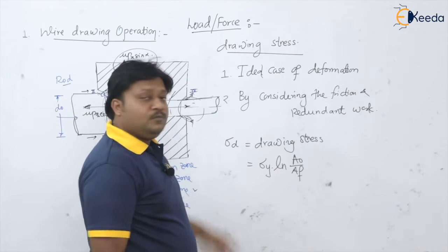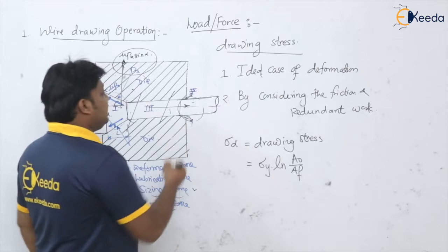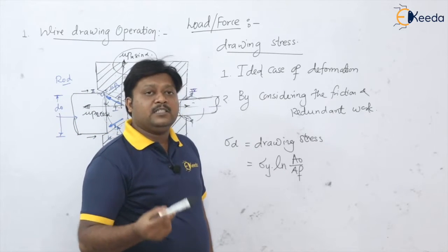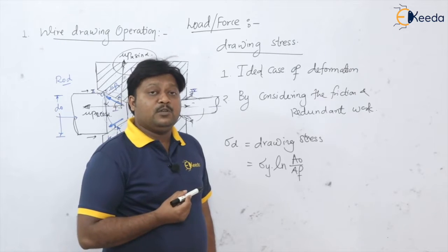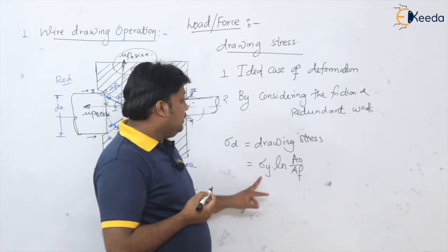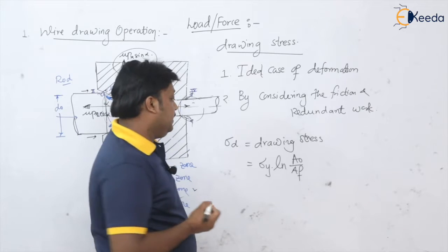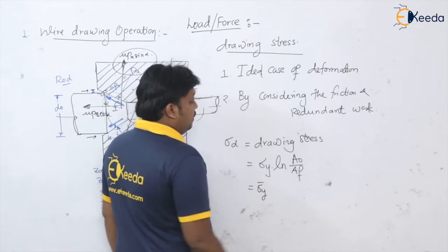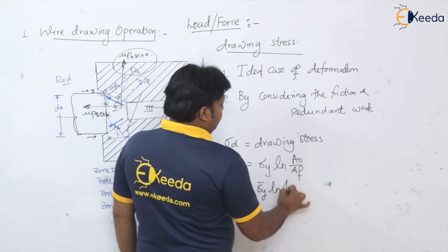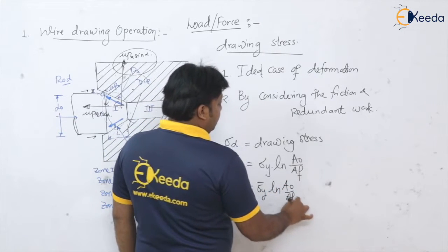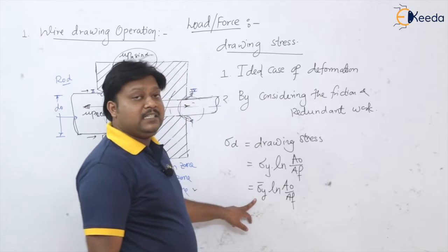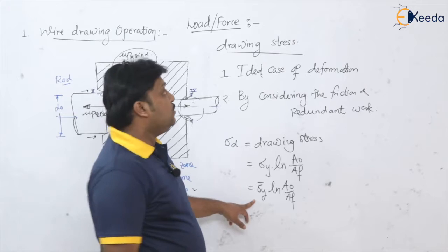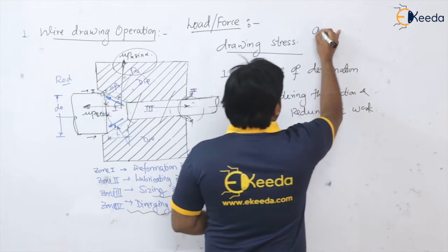Okay, now for the material which is showing the strain hardening property, or during the process the strain hardening is going to happen on that material, then the sigma y will be replaced by sigma y dash ln of A original by A final. And we know that this sigma y dash is nothing but what? For the strain hardening material, it is the average flow stress for that material.